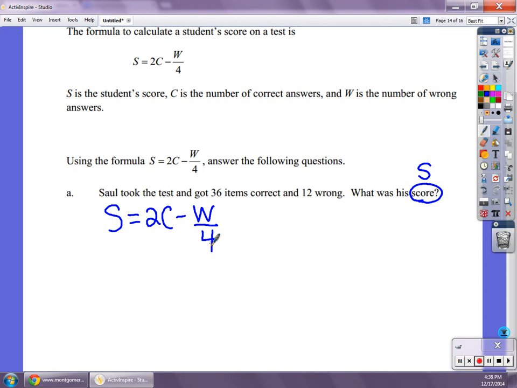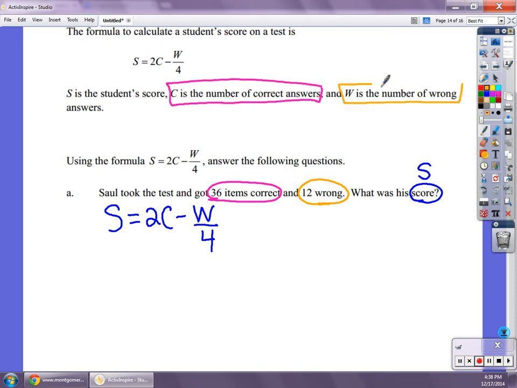Saul took the test and got 36 items correct and 12 wrong. We know that C is the number of correct answers, and W is the number of wrong. So we're going to use substitution here and replace C and W with those new numbers.